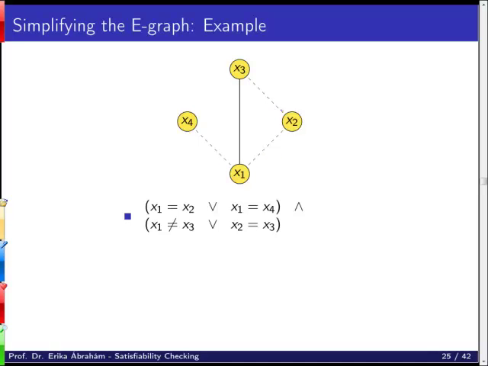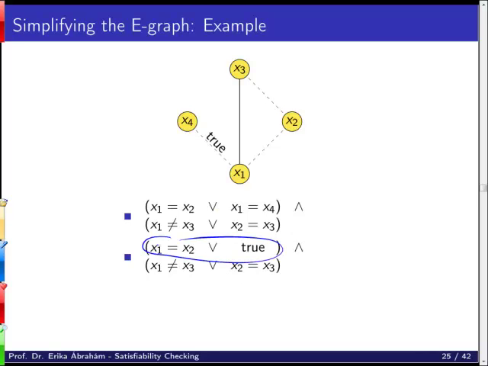Now how can I reduce it? According to the previous lemma, we assign true to the equality x1 equals x4, and the formula can be reduced by assigning true to this equation. Then you see that in the first clause, a disjunction true or something becomes true.